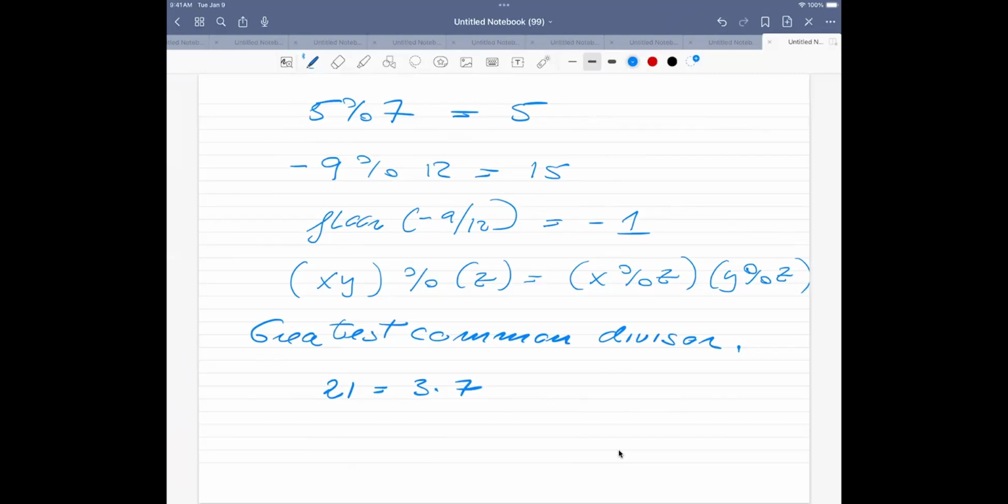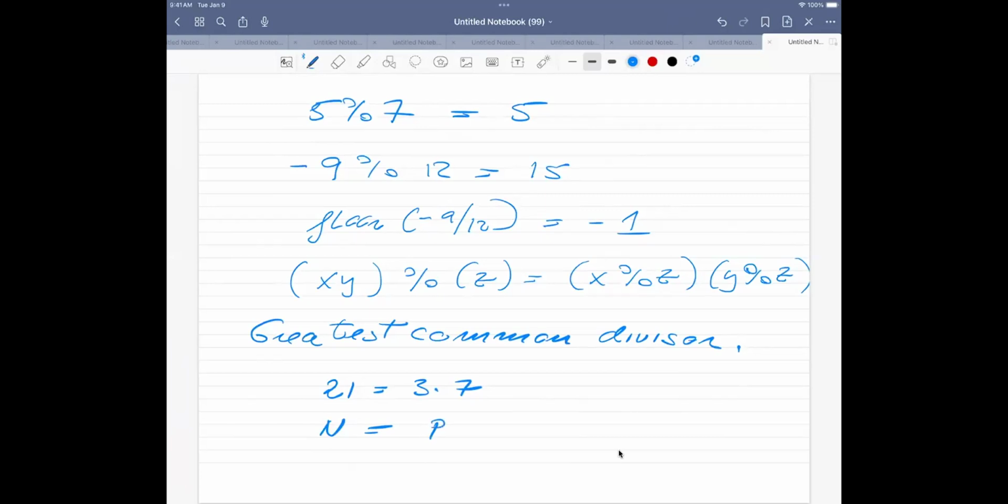Another thing you should just remind yourself about is if you look at a number n, this is an integer. This is a number which we can write in terms of prime factors.